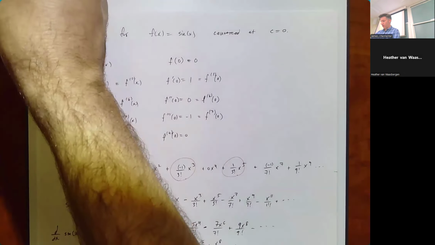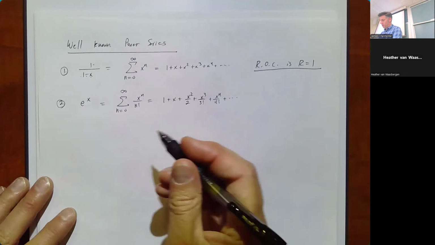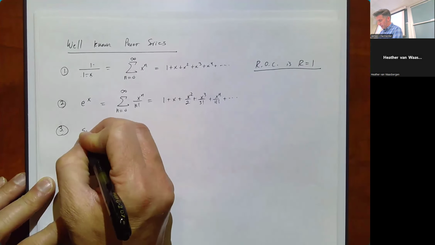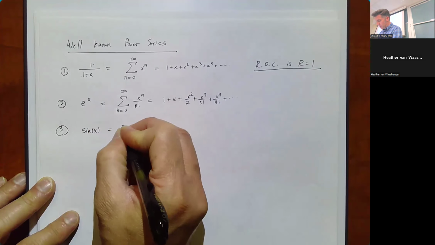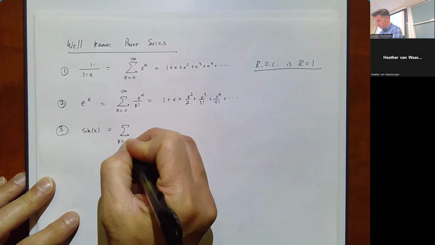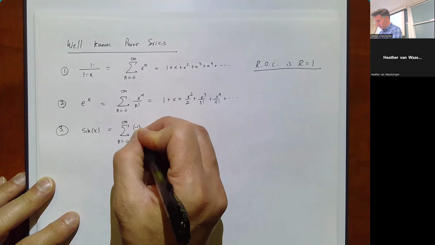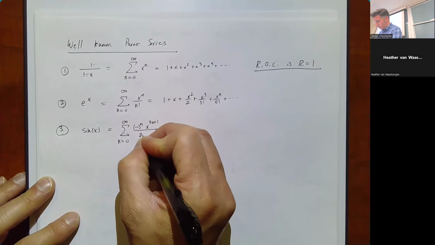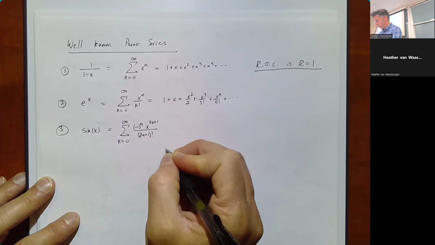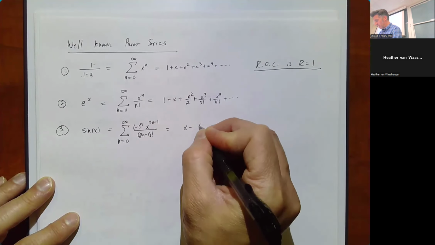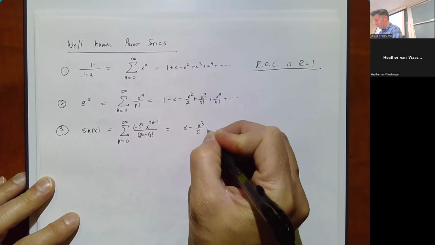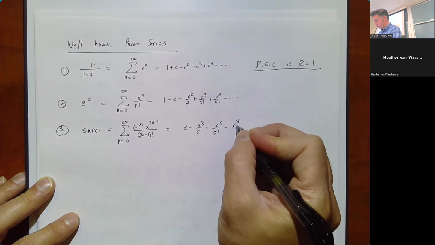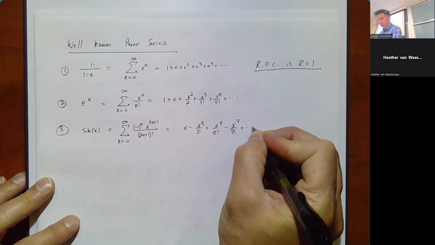So let's write those down over here real quickly. The two more that you should probably know by heart: sine of x is equal to the sum from n equals 0 to infinity of -1 to the n x to the 2n plus 1 divided by 2n plus 1 factorial, which is x minus x cubed over 3 factorial plus x to the 5th over 5 factorial minus x to the 7th over 7 factorial, and so on.